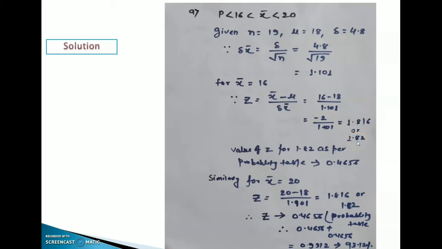So 2 divided by 1.101 gives 1.816, and for calculation purposes we take it as 1.82.